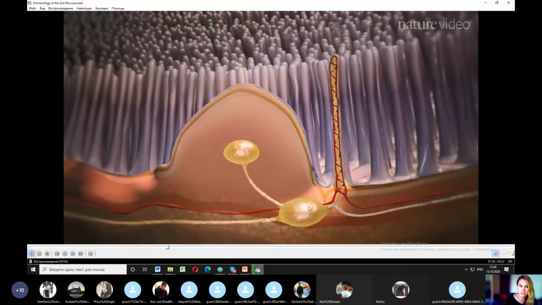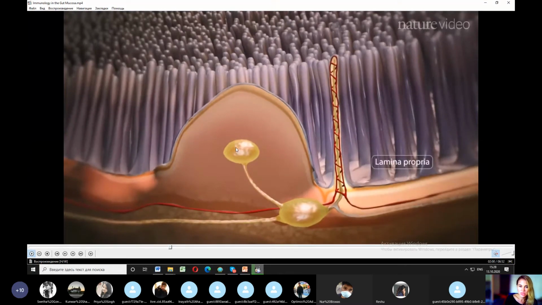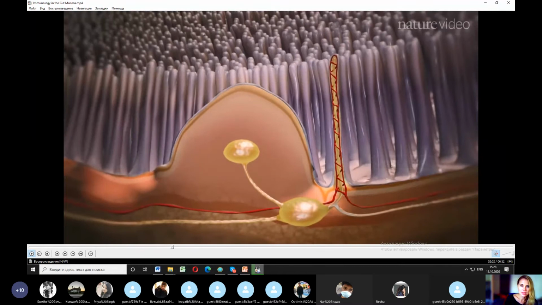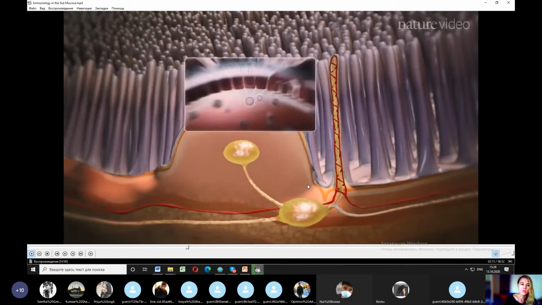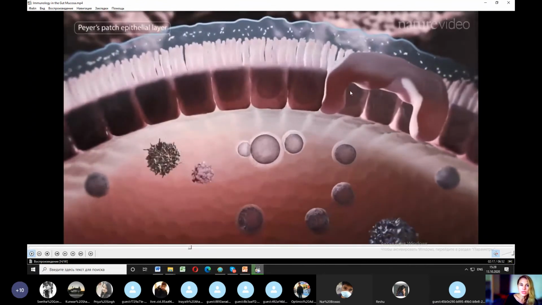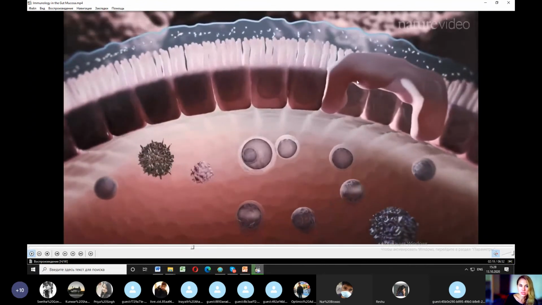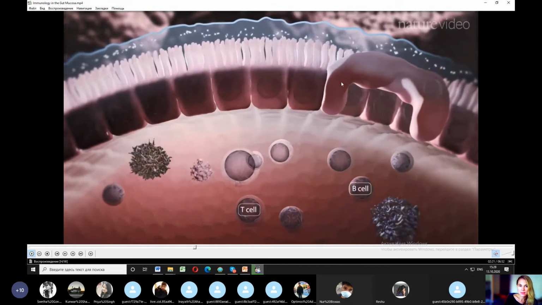Together they are connected because they both drain lymph, and thus they bring it to the lymphatic nodules that contain a great number of lymphocytes. Over here we can see the enterocyte and M cell.